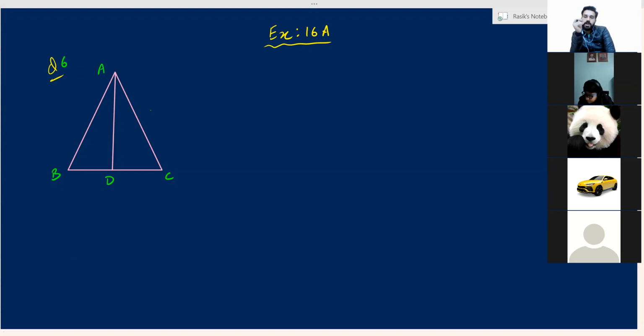Tell me. Daksh Gangwar, be very attentive in the class. Don't just pay attention to what you are thinking. Just pay attention to what the teacher is teaching.